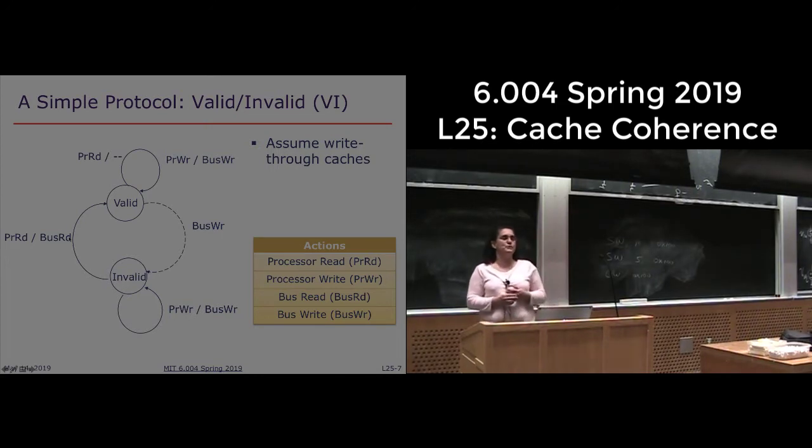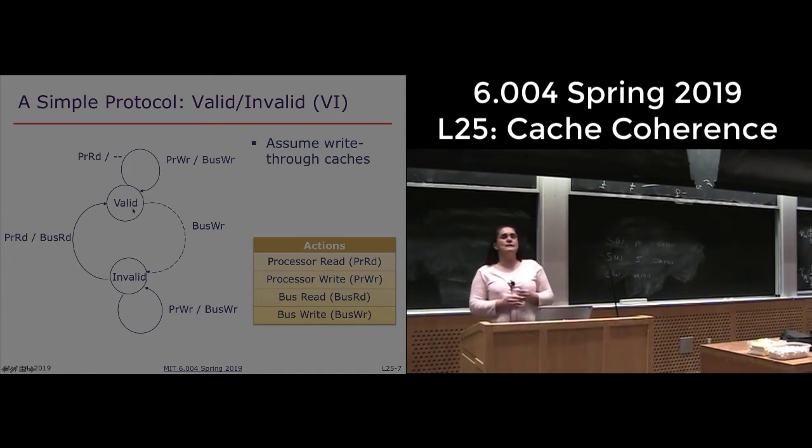So it's going to announce to everybody that it's trying to do a read. Initially, nobody has this copy, and so the main memory is going to respond to this bus read request with the value that the processor is trying to load. After doing both the processor read request and the bus read request, we're now in the valid state, and we have the piece of data that we want in our cache.